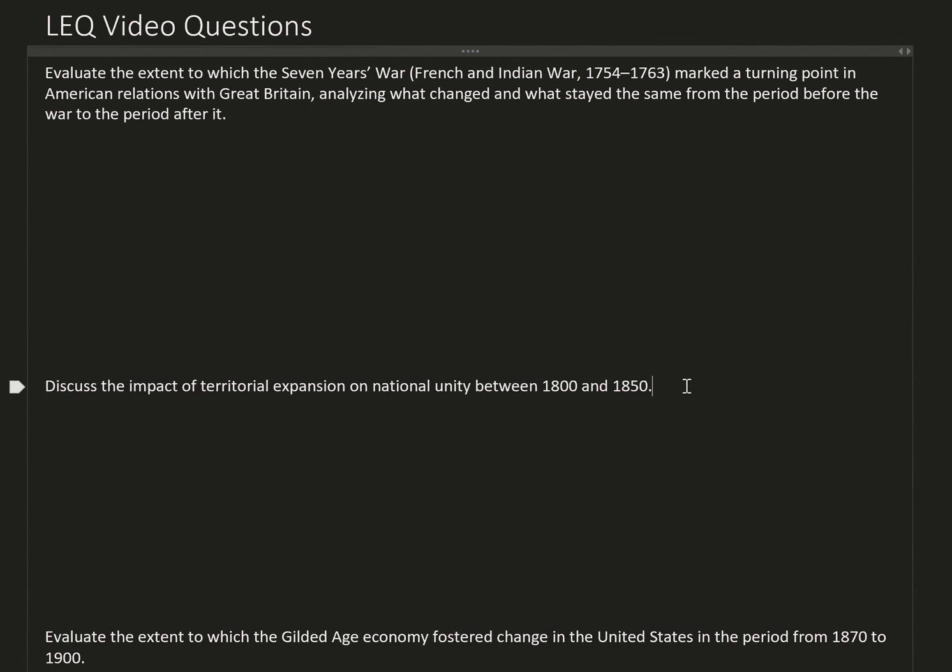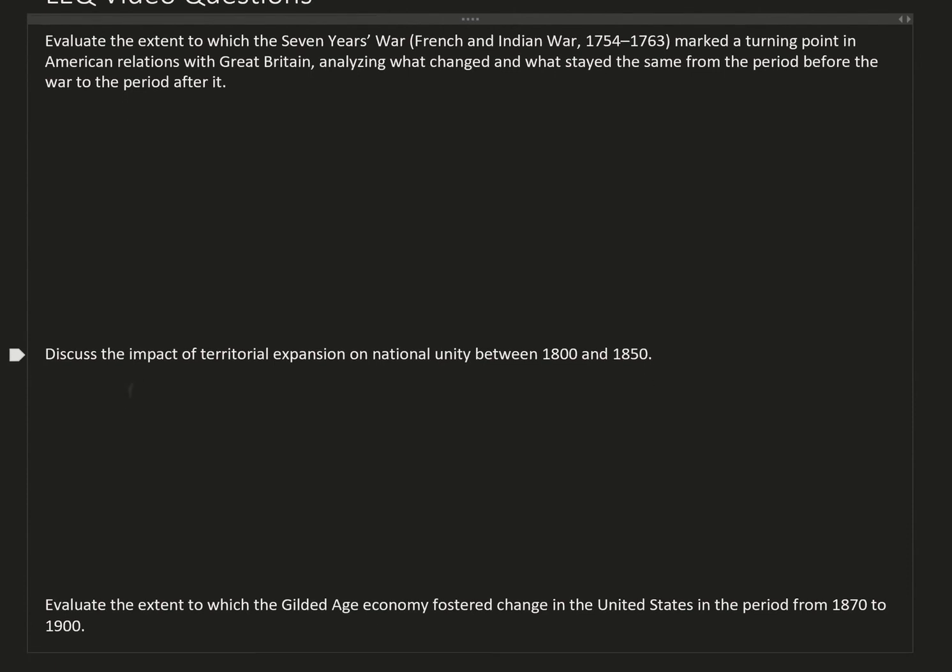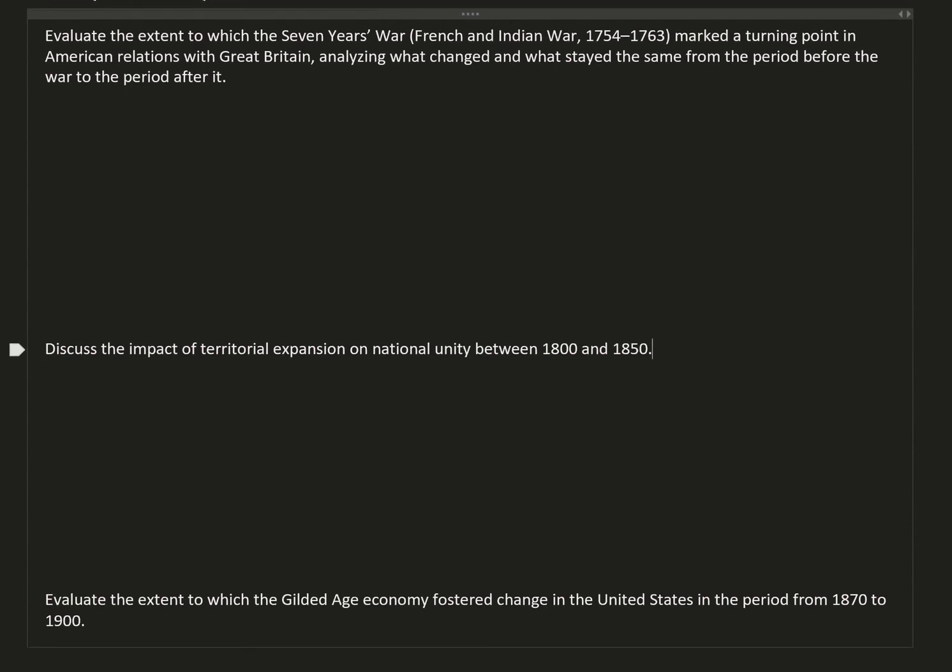If I were picking between these 3 questions, I would probably do, personally, the impact of territorial expansion, or maybe the Gilded Age economy.